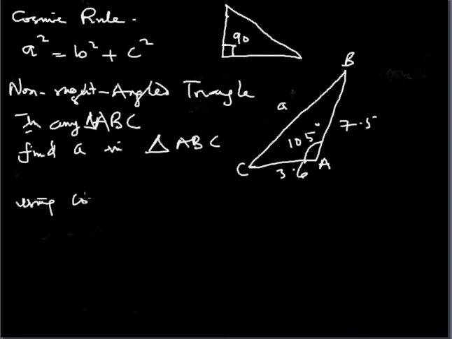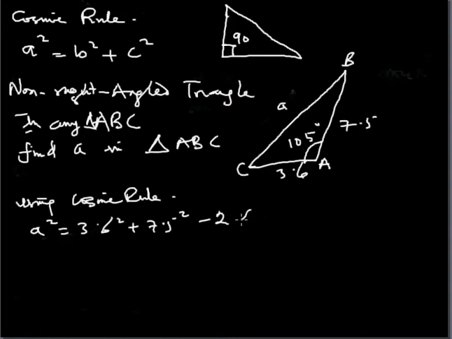Using the cosine rule, what we want to find is a. a squared is equal to 3.6 squared plus 7.5 squared minus 2 times 3.6 times 7.5 times cos 105 degrees.